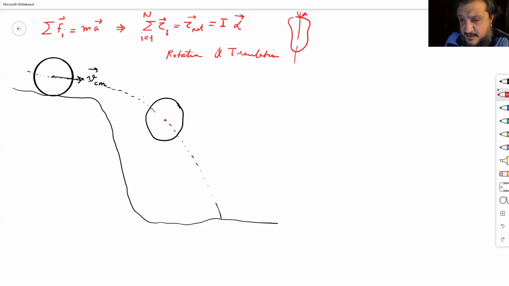Now, imagine a line tangential to that parabolic path. This is the center of mass velocity later. Right before it's going to hit the bottom, the center of mass velocity will be pointing that way, etc. But it's also rotating about this axis that goes through the center of mass. There is this rotation.